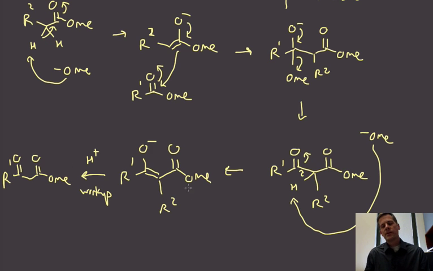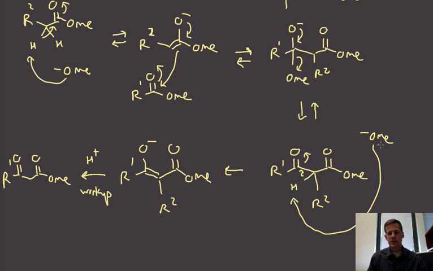So why do I bring this up? Well, it turns out that you actually have to be able to do that deprotonation, because if your beta keto ester can't form the enolate, then this process isn't favorable. It'll actually reverse all the way back. Okay, so all of these are reversible arrows.